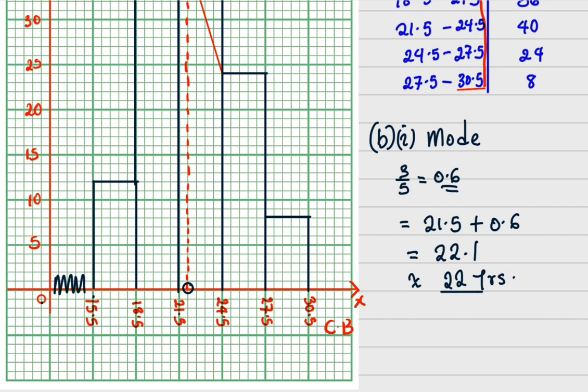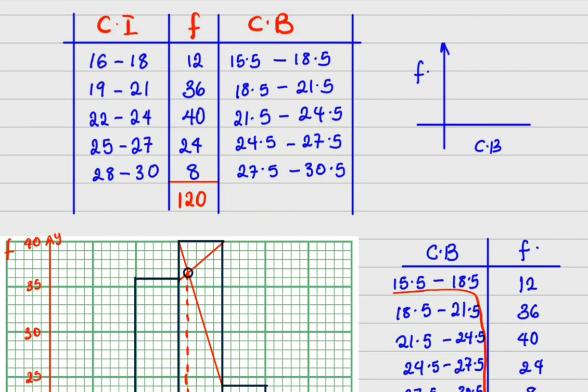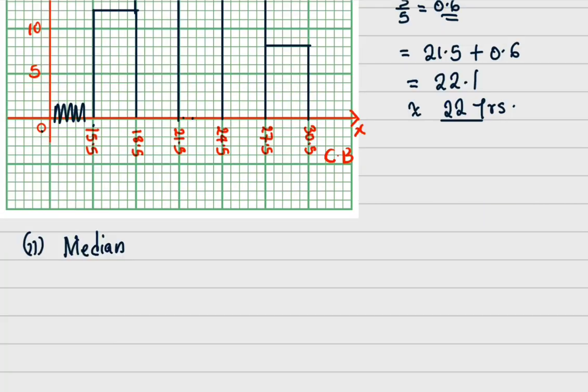Then let's go quickly to see how we can now find our median. Of course, we know that median is actually the middle number when a particular distribution is arranged either in ascending or descending order.